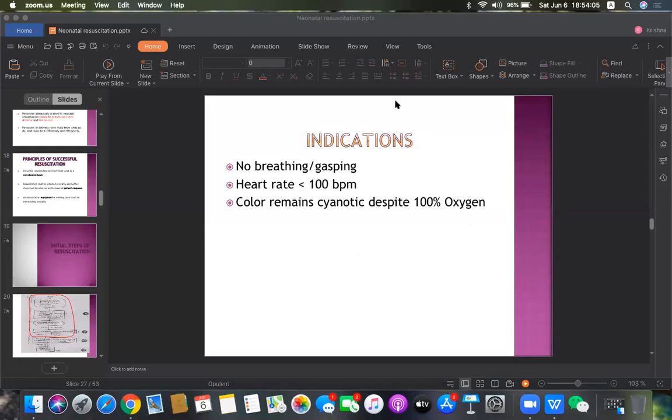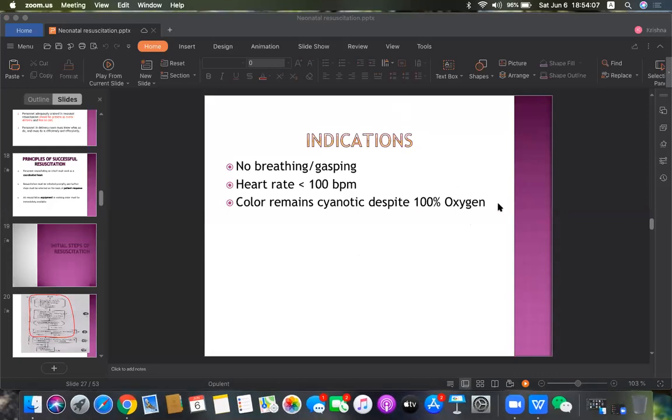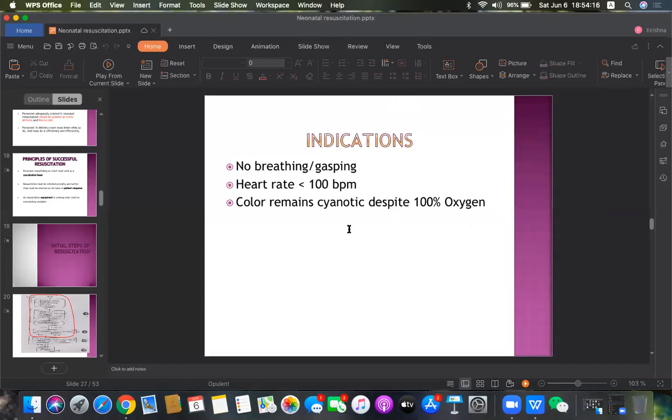If the heart rate is less than 100, you already know this, then bag and mask ventilation is necessary. And if the color remains cyanotic despite 100% oxygen, then the oxygen has to be given with pressure, and that can be done by ambu bagging.